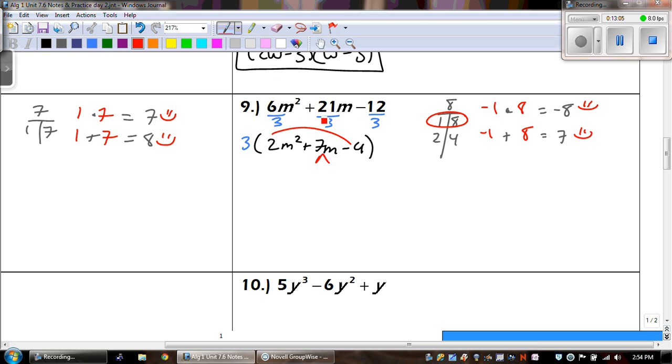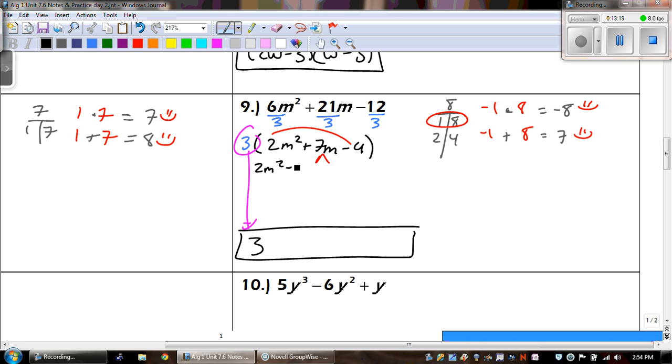So we have to split the middle term. I'm going to bring the 3 all the way down so it stays in my answer. So we get 2m squared minus 1m plus 8m minus 4. Okay, the GCF of that first group is m.